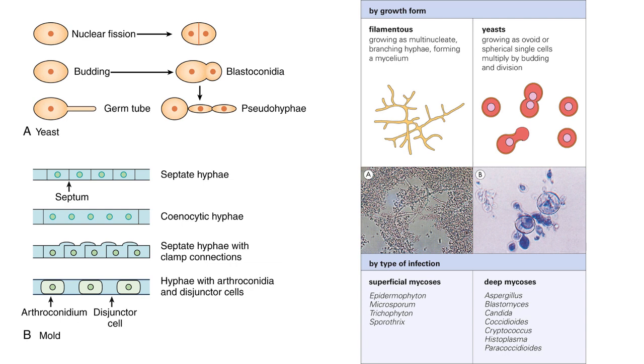Okay, so a clinical approach to fungal infections would be to separate them based on how they infect the body. So we can be dealing with a superficial mycosis, which infects only the skin, the hair, the nails, and the mucosa.